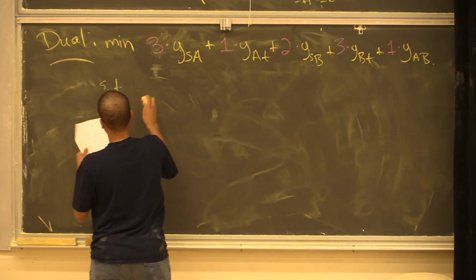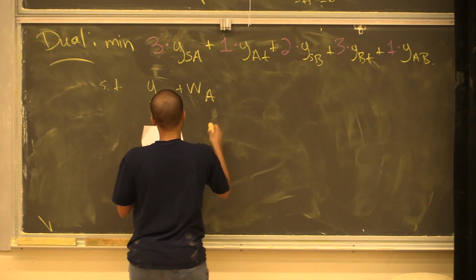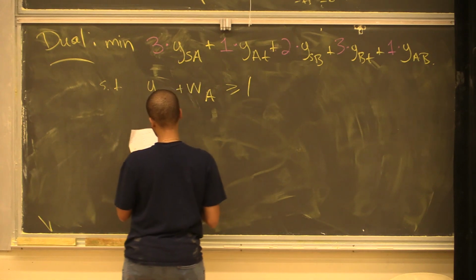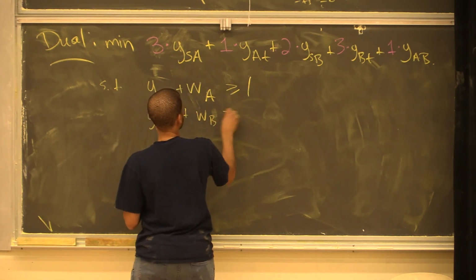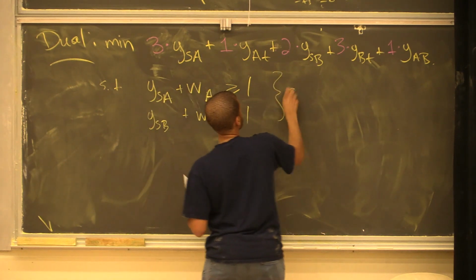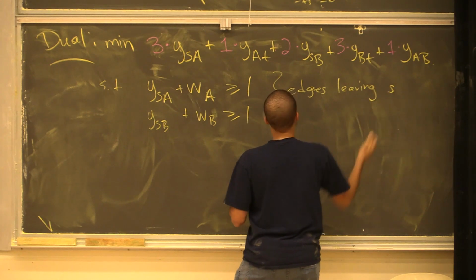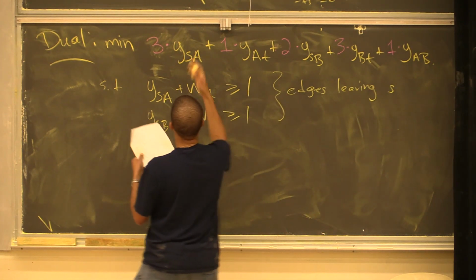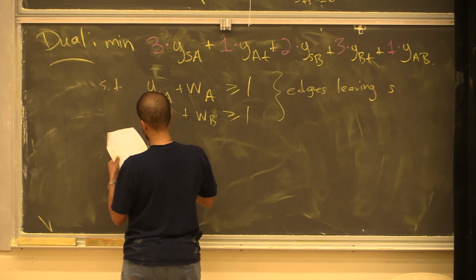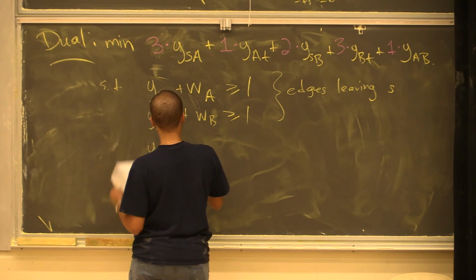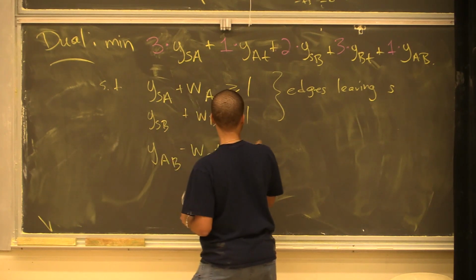Subject to YSA plus WA is at least 1. YSB plus WB is at least 1. These correspond to the edges leaving S. And then for the edges that don't leave S, they leave things in the middle, you'd get, for example, YAB minus WA plus WB is at least 0.